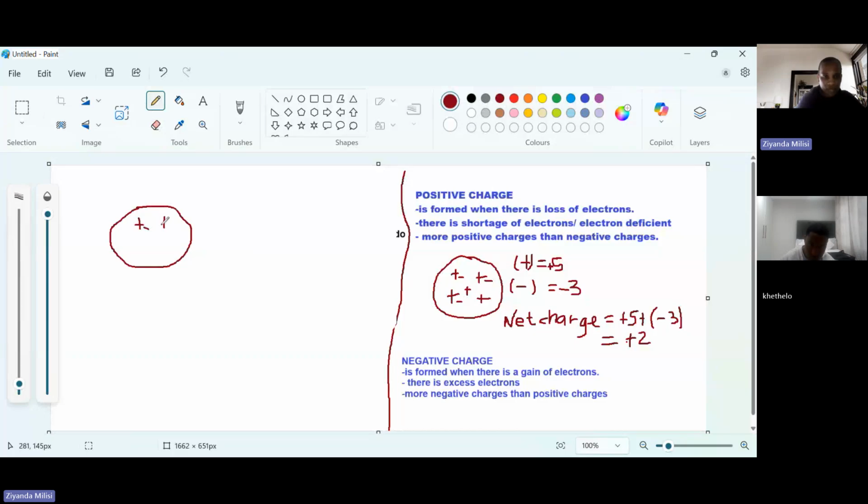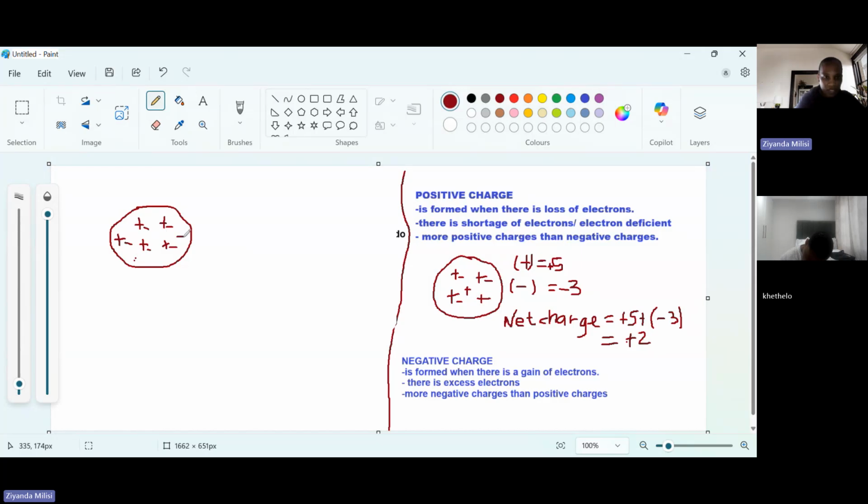Remember, objects are neutral. If you look at my language, I don't say we add protons, the positive charges.